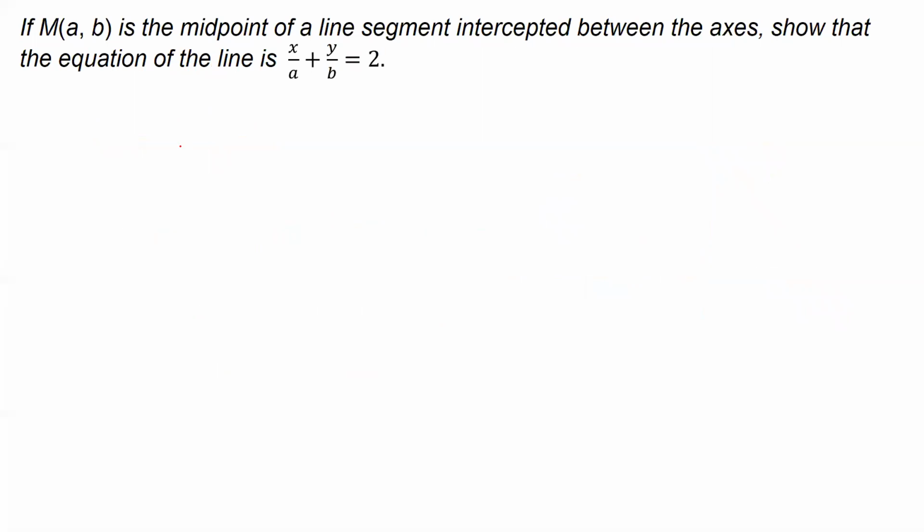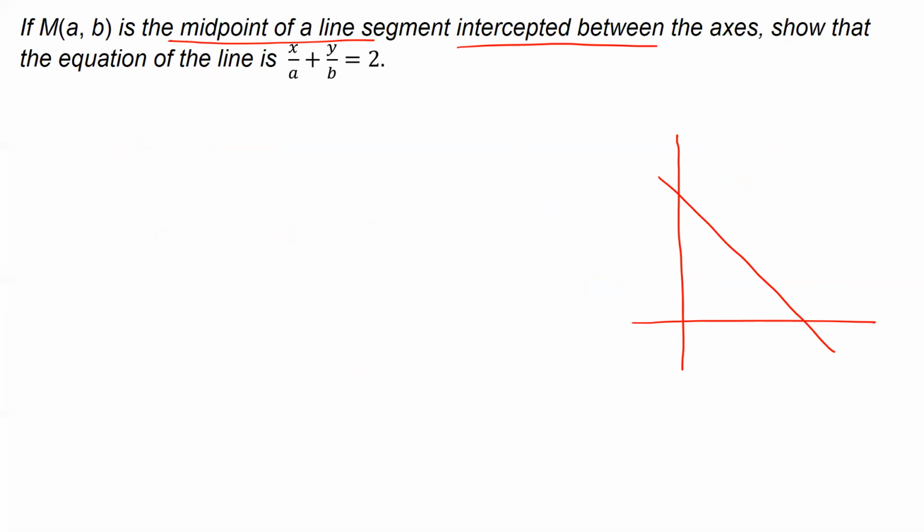Next, if (a, b) is the midpoint of the line segment intercepted between the axes, show that the equation of the line is x by a plus y by b is equal to 2. Okay, the question says that there is a particular line and the midpoint of the line segment intercepted between the axes.